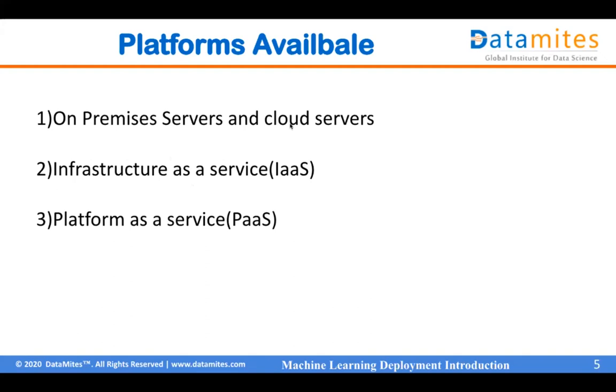Okay, most popular these days are cloud servers like Amazon, right? Google, right? Microsoft Azure is there. All these are popularly available, right? However, today's agenda is on platform as a service. Going forward, we will also do deployments on certain clouds. At that time we will see how deployment on cloud servers is done.